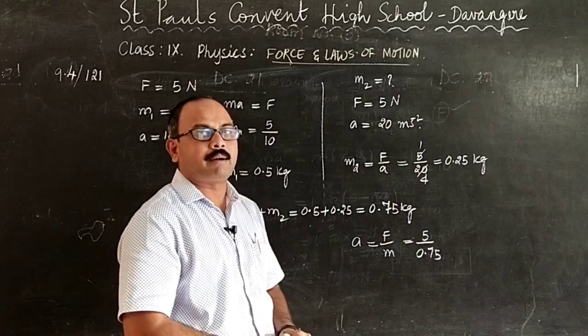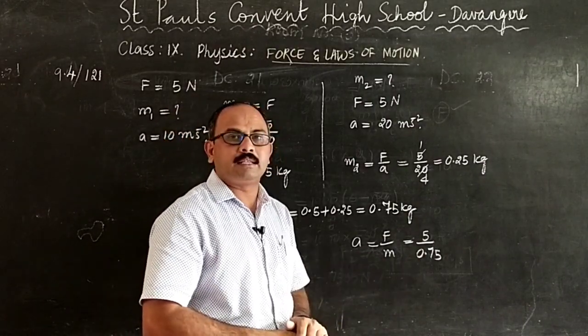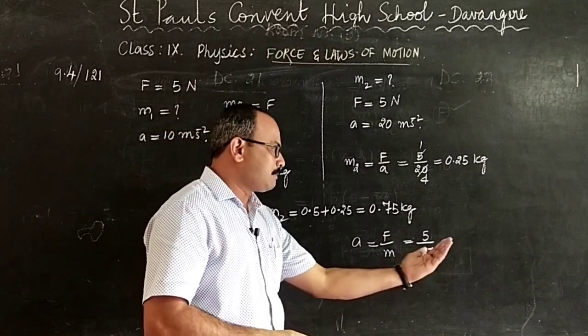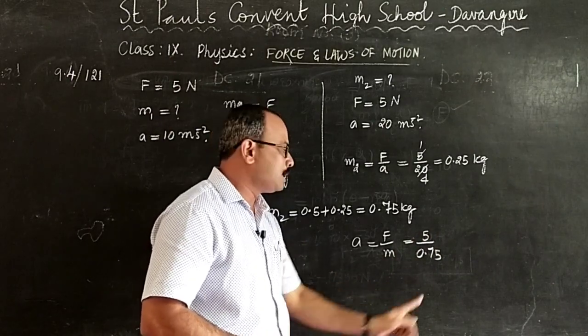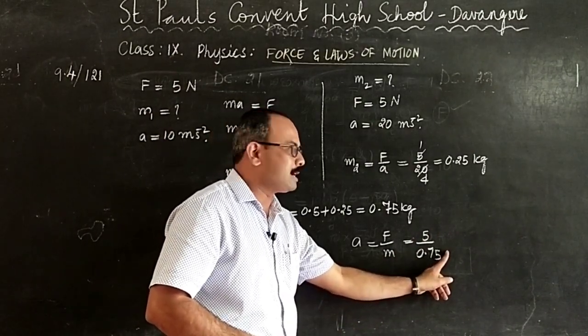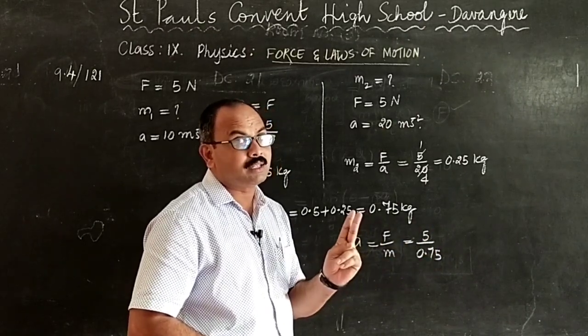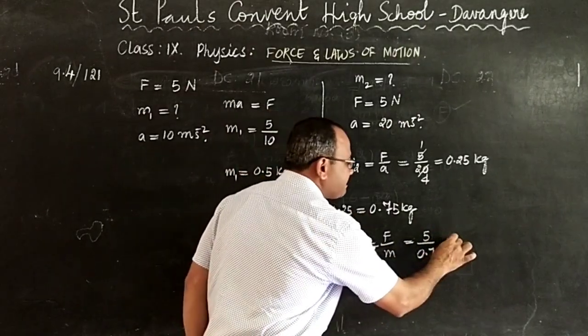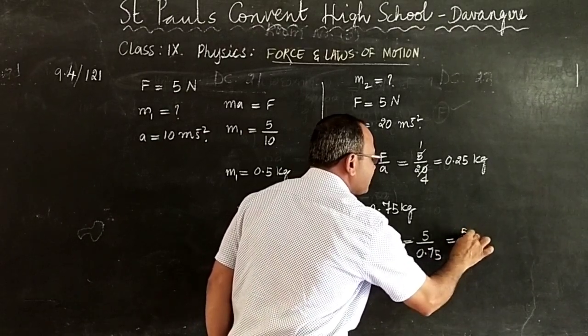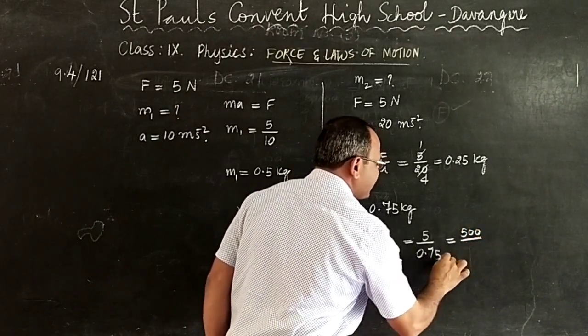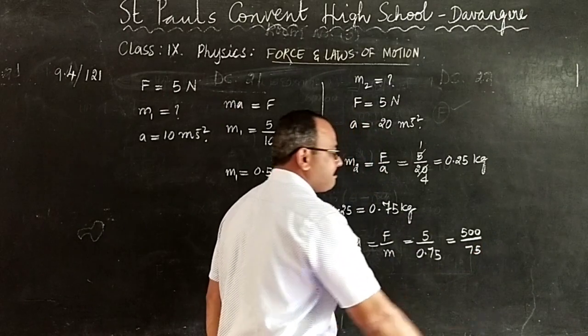Remember the simplification part. There is a decimal point in the denominator, children. After 2 digits, therefore, this must be multiplied by 100. This also must be multiplied by 100 because of 2 digits. Therefore, this becomes 500 and this becomes 75.